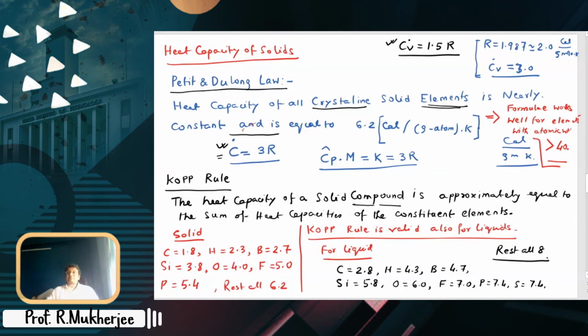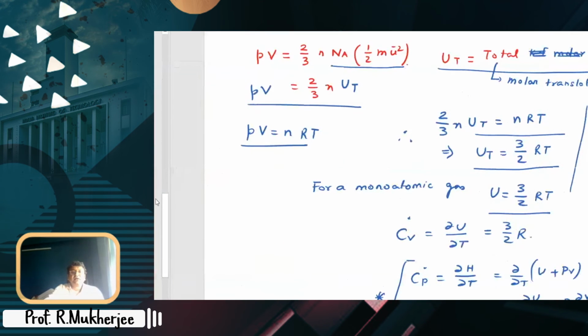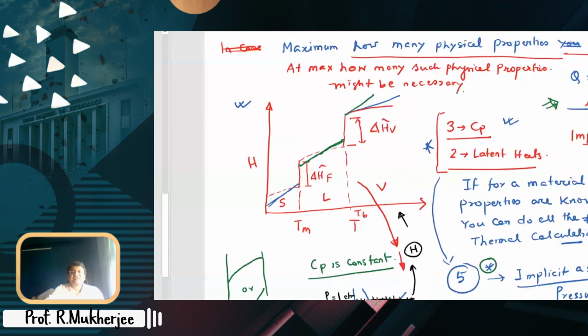So in one of the initial slides, I told that for a complete energy requirement calculation, let's say for a system that is heated from somewhere over here to here, we understood very well that we need 5 physical parameters.